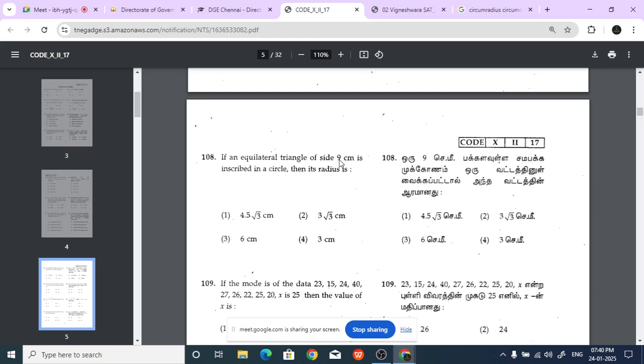So which option is correct? They have not given 9 by root 3, but there is something given which is equal to 9 by root 3. Which is that?